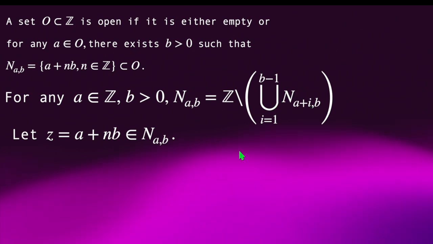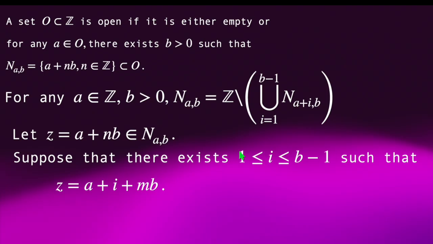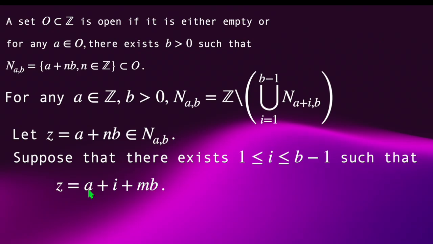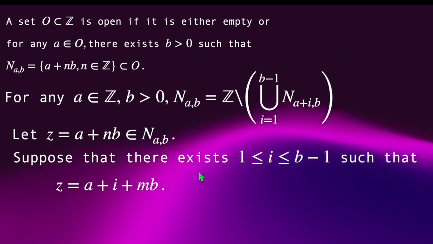So we will suppose that it's the case. We suppose that Z is in one of this NA plus AB. So there exists I between 1 and B minus 1, such that Z is equal A plus A plus N. This means that it is in this.